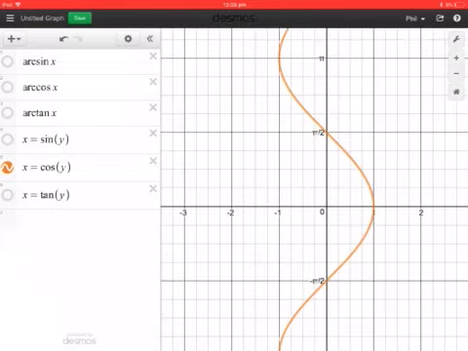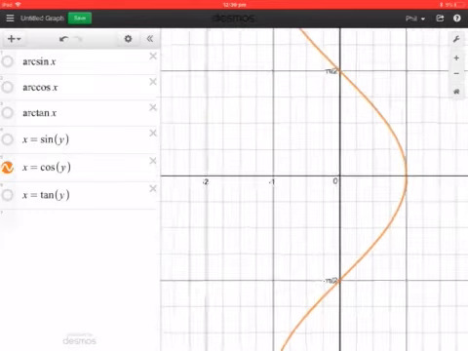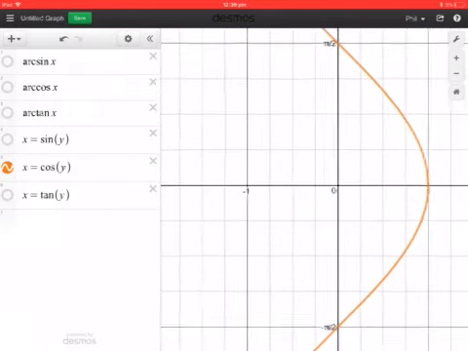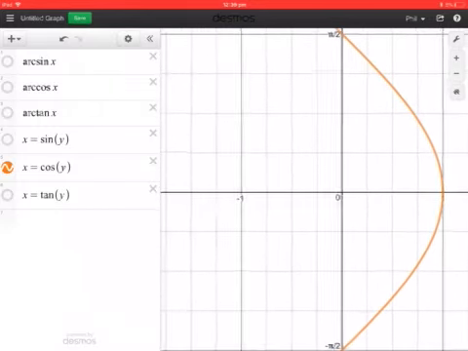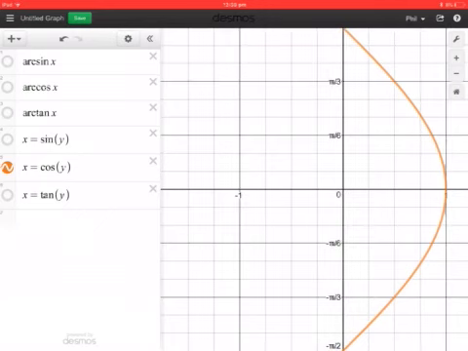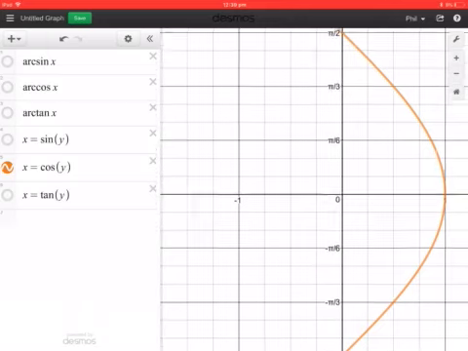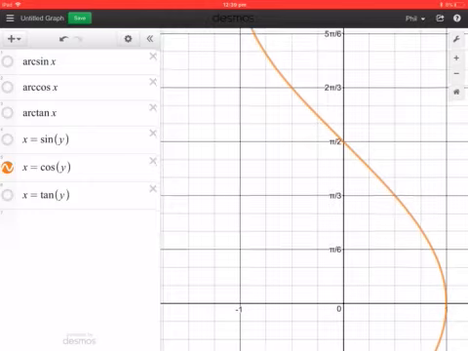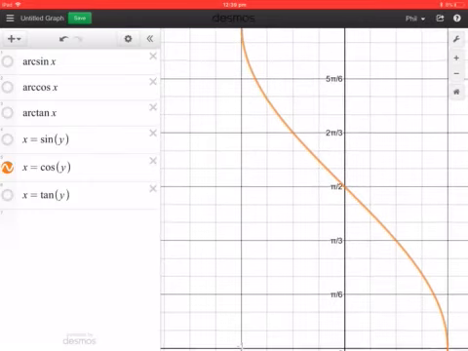What about x equals cos y? Now, if I use the same restricted domain from -pi on 2 to pi on 2, well, there's a problem. That still doesn't satisfy the vertical line test. It goes through twice. But what if, instead of -pi on 2 to pi on 2, I go from 0 up to pi?